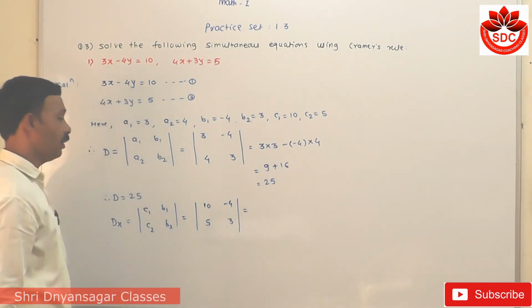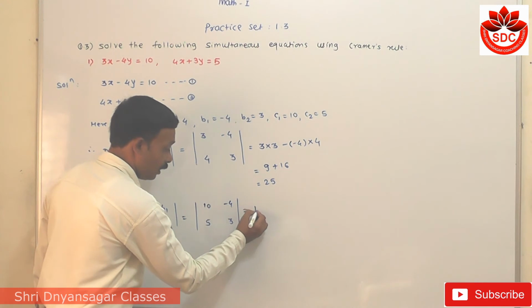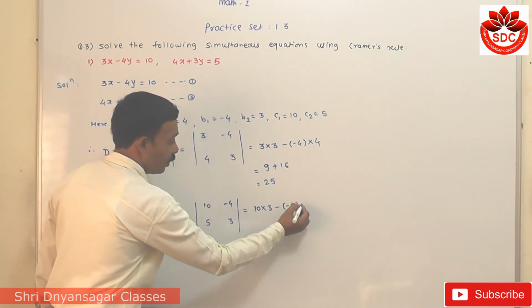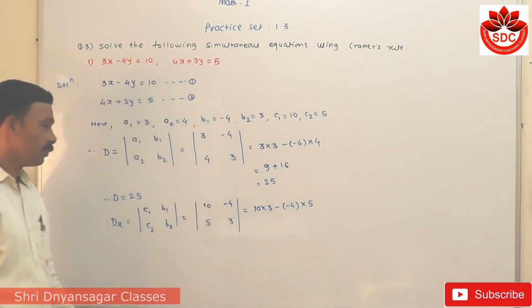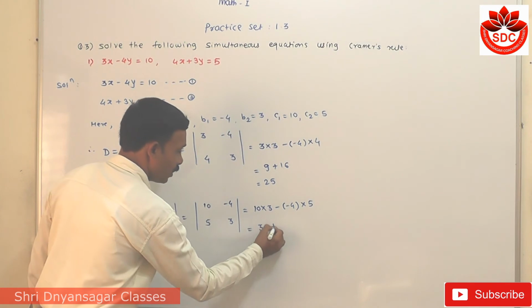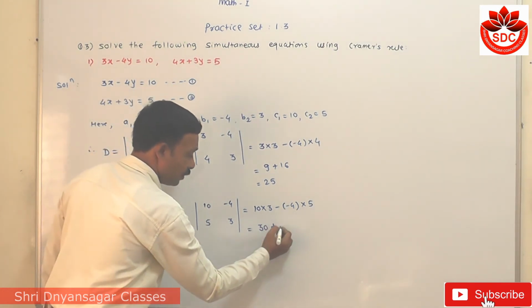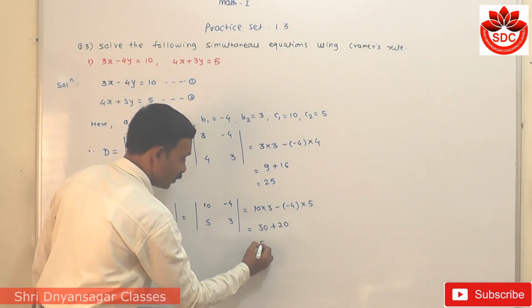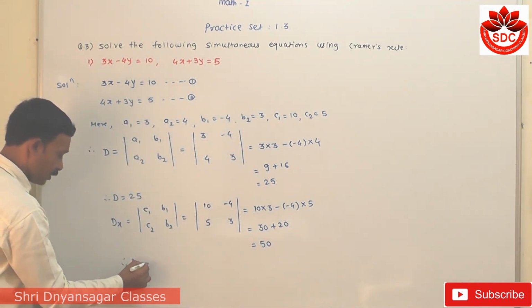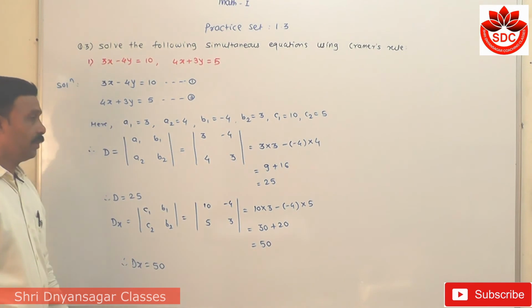By the rule of determinant, 10 into 3 minus 4 into 5. 10 3s are 30, minus plus 4 5s are 20. The addition becomes 50. So the value of determinant of x is equal to 50.